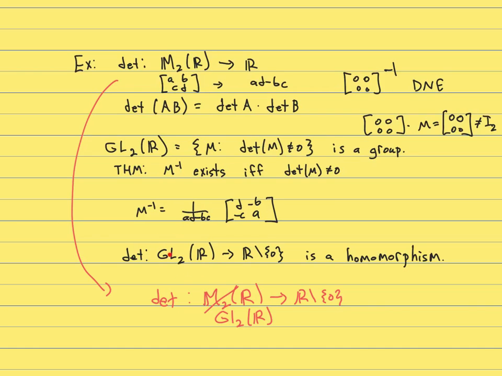I look at these elements inside M2R that actually map to this group, and I discover that these are exactly those matrices that are invertible. So now this is in fact a group, and now this is in fact a group homomorphism. It satisfies the property that the determinant of the product of two matrices is the product of the determinants.